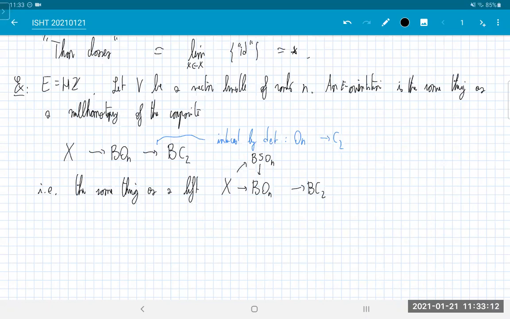Or if you want, another way of proving it is that BSON classifies vector bundles of rank n together with the trivialization of the determinant bundle, doing the same proof that I did for BON. Well, actually I did for BUN, but the same argument applies. And if you've seen it in exercise sessions, the fact that maps into BG classify G principal bundles.